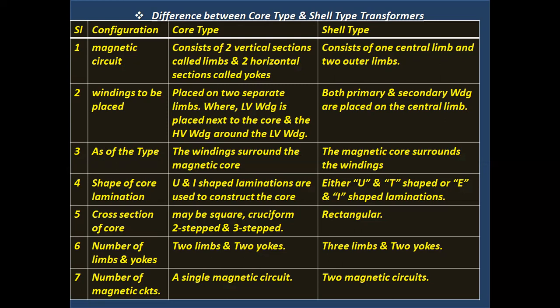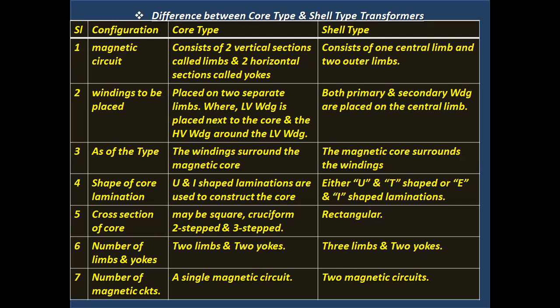Shape of core laminations. In case of core type, U and I-shaped laminations are used to construct the core, whereas for shell type, either U and T-shaped or E and I-shaped laminations are required. Cross-section of core.